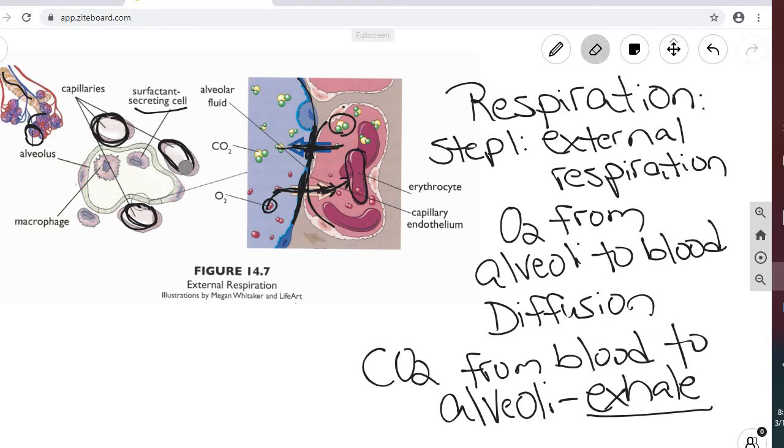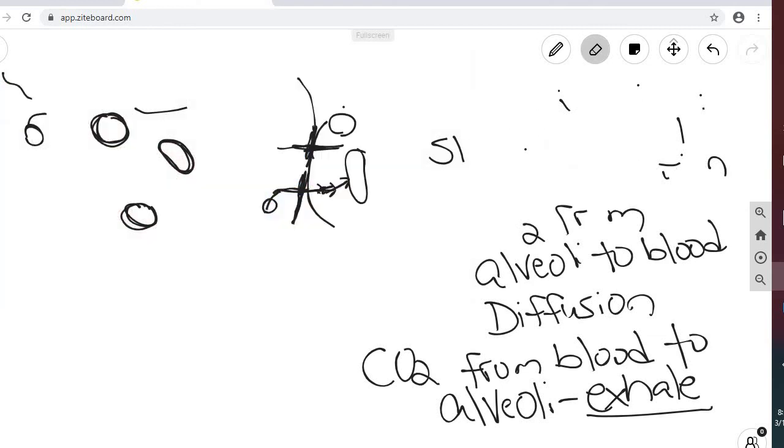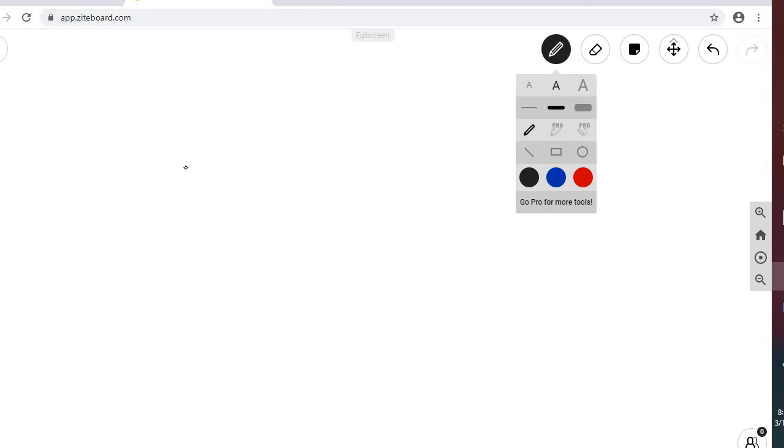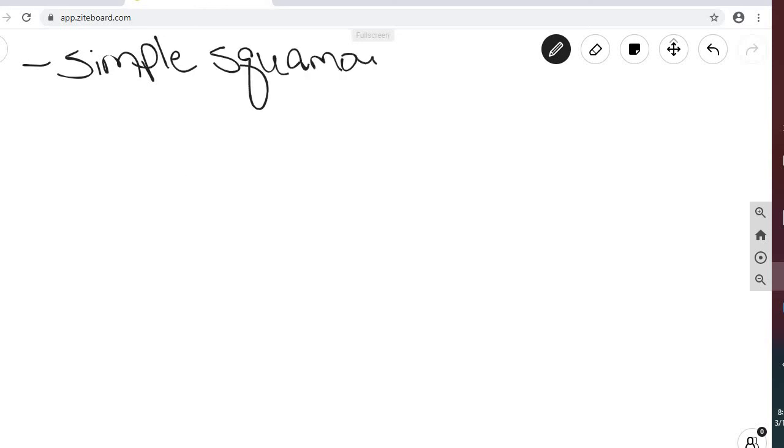There are a couple of factors that really aid in getting oxygenated blood and getting CO2 out of the body. One is that it's simple squamous epithelium, so it's very, very thin. That helps the oxygen and carbon dioxide move across.